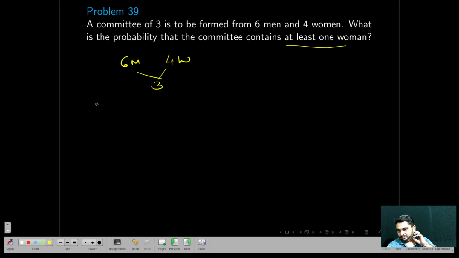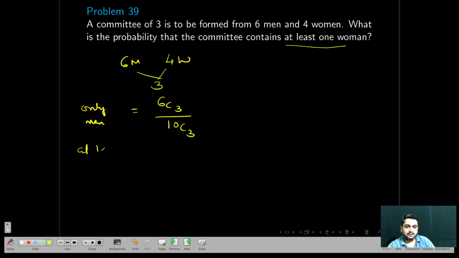You can solve it by taking 1, 2, 3 women like that, but we can also do it directly: there are all men. If I choose only men, it will be 6C3 divided by 10C3.